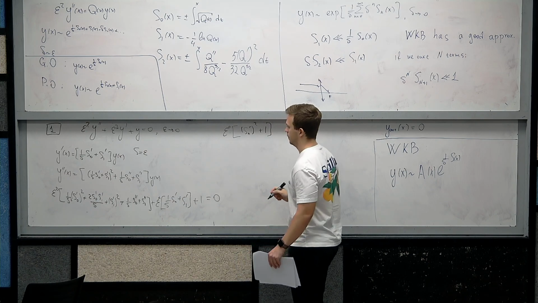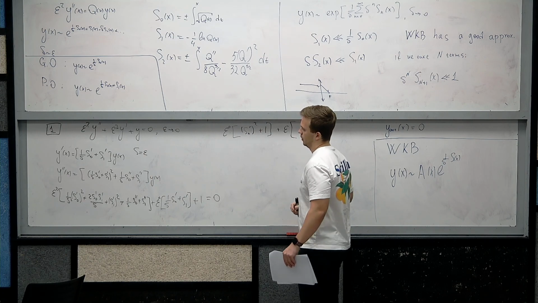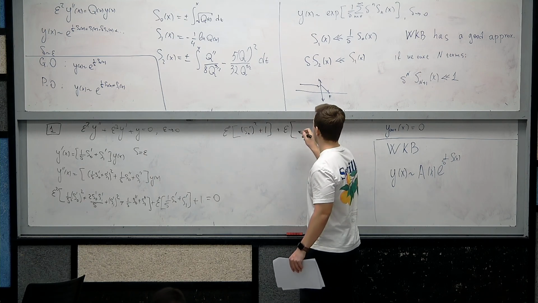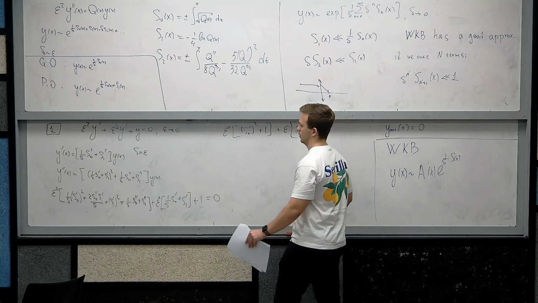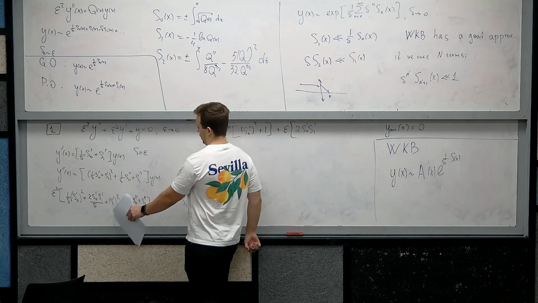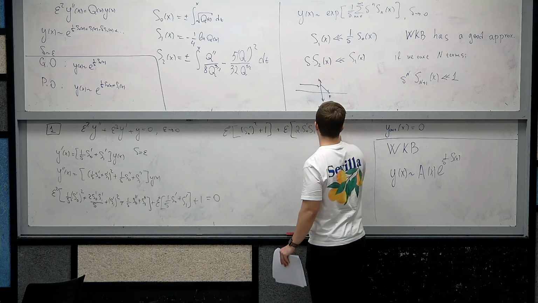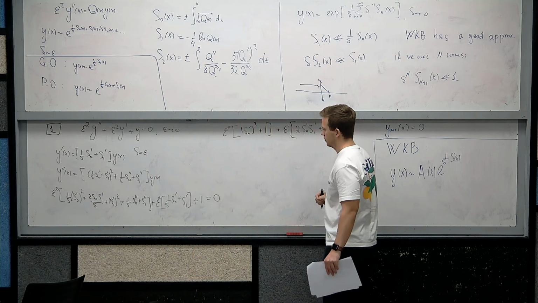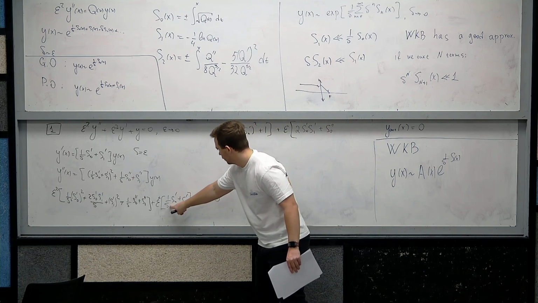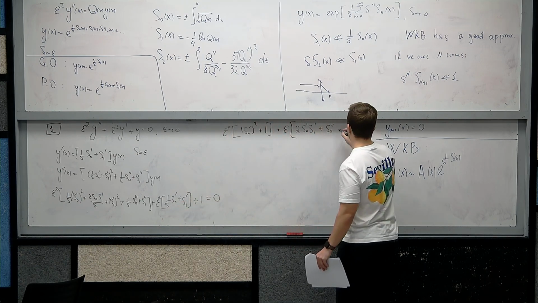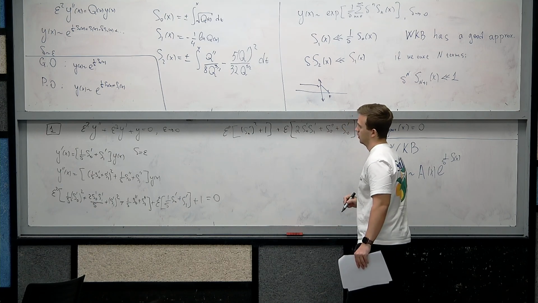Then plus, at first power in epsilon, we have 2 S naught prime S1 prime, then plus S naught double prime, and from this, plus S naught prime.